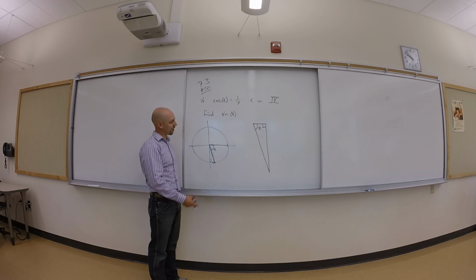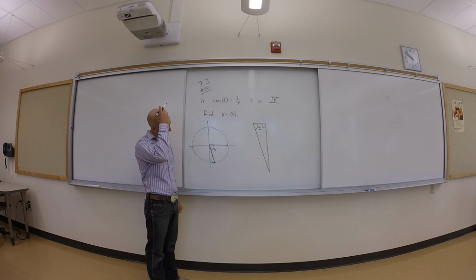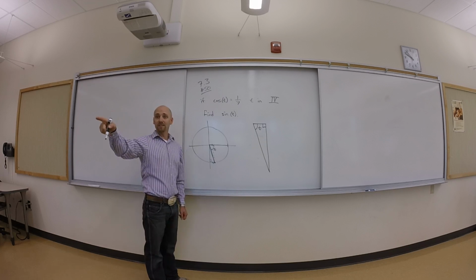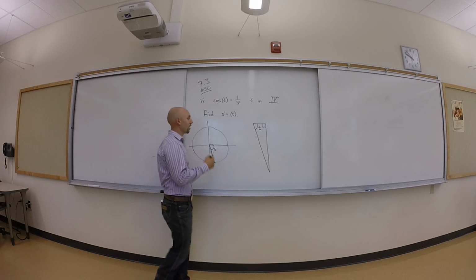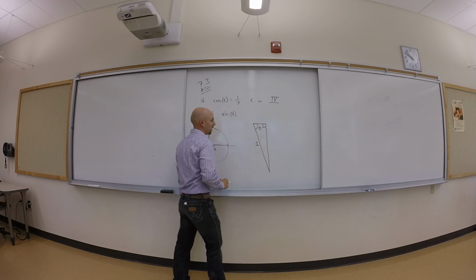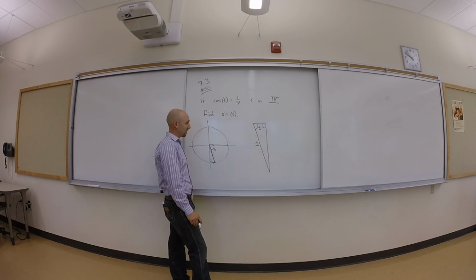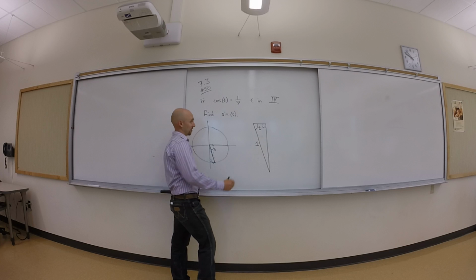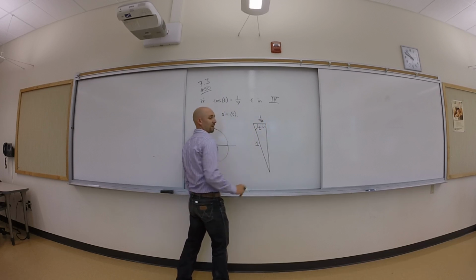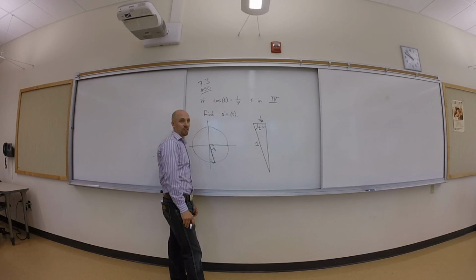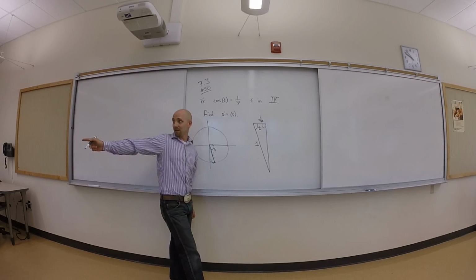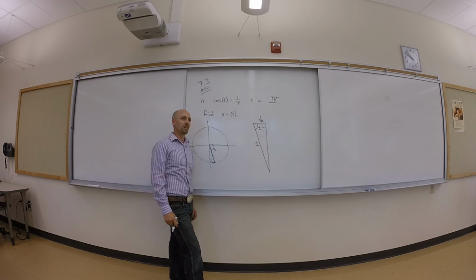All right, so there's my triangle. What do I know about this triangle? Hypotenuse is 1. Good, it's sitting in the unit circle, right? So the hypotenuse is 1. And what do I know about the adjacent side? 1/7, right? Now what do I know about right triangles? I know the Pythagorean theorem. And what am I looking for?